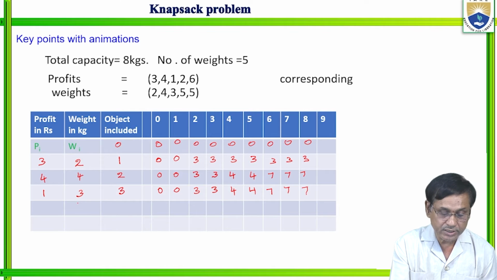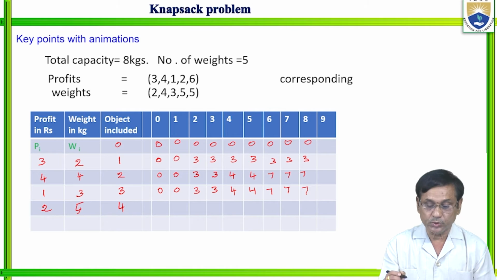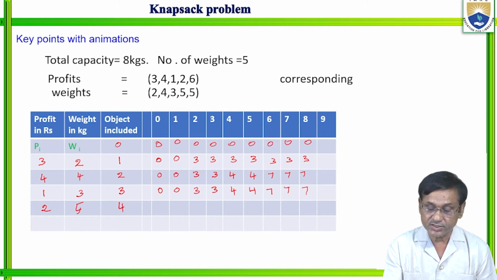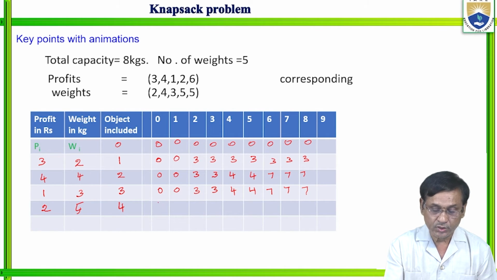Next, coming to the inclusion of the next object, that is the fourth object. When the fourth object is included, the weight is 5 and the profit is 2. Then you can see here it is 0 only. When the weight is 2, it is 3. When the weight is 3, you can consider this, that is 3.